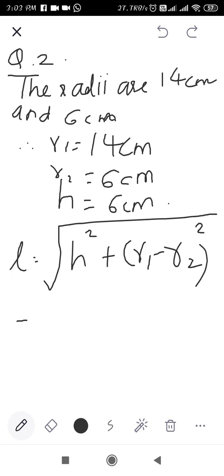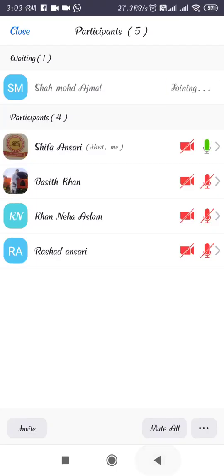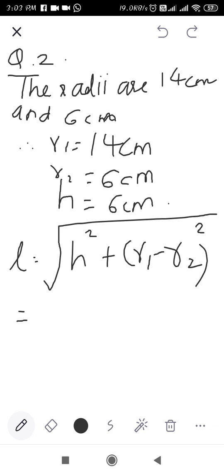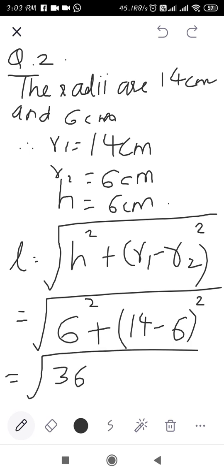Okay. Now we will substitute the given values to find out the slant height. Under root h square, the value of h is 6. So 6 square plus r1 is 14 centimeter, r2 is 6 centimeter. So r1 minus r2 whole square. Now square of 6 is 36. 14 minus 6 is 8, right? So we will write here 8 square.